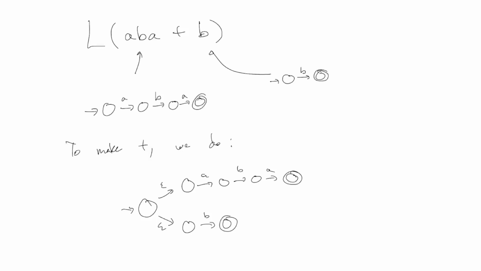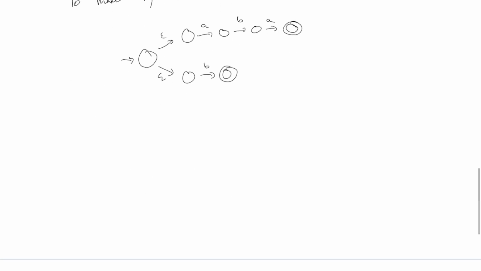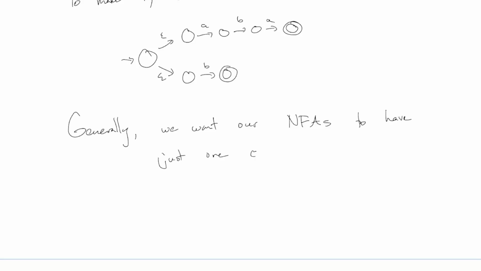Generally speaking, that was a very simple example, but for a much more complicated regular expression, we want our NFAs, I'll explain why in a moment, to have just one accepting state.